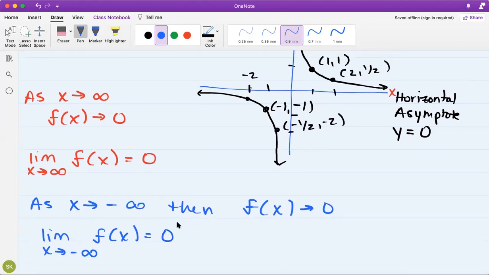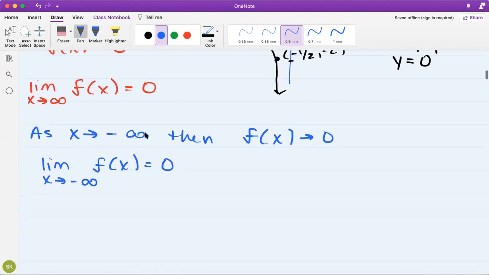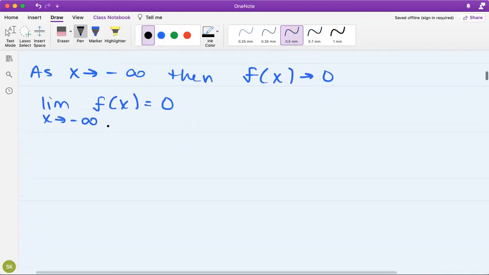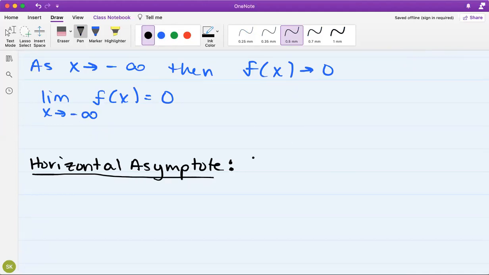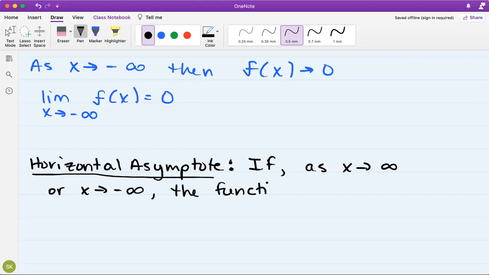Okay, that brings me to the definition of a horizontal asymptote. So we're going to write that definition down here. So a horizontal asymptote is given by the following. If, as x approaches infinity, or x approaches negative infinity, the function, now of course it depends on what your function's defined as.